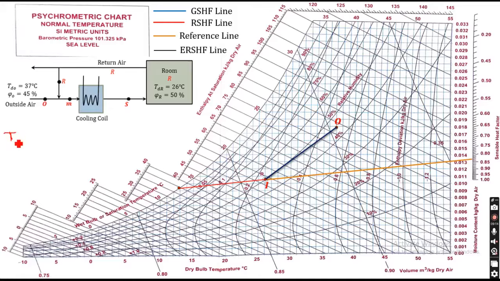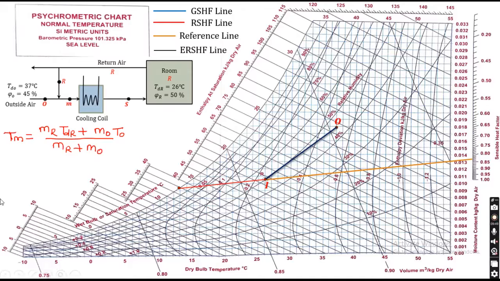TM, that is mixed air temperature, equals MR, that is mass of recirculated air, into dry-bulb temperature of the recirculated air, plus mass of outside air into outside air temperature, divided by mass of recirculated air plus mass of outside air.